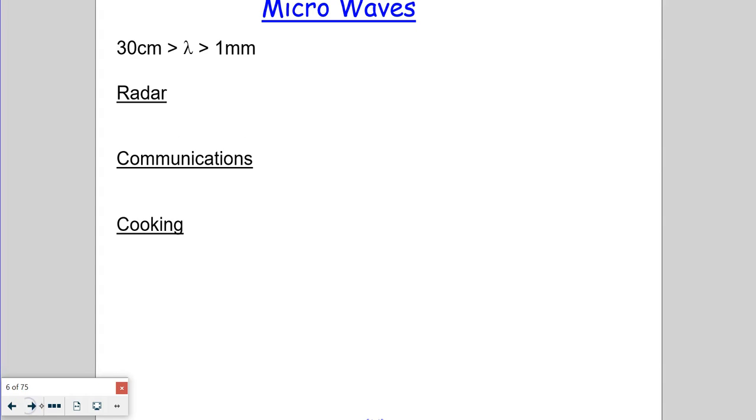Moving on to some smaller waves, we have microwaves, and they're from about 30 centimeters to about 1 millimeter. They're also used in communication for radar. But in your house, you have a microwave source, and that is for cooking. And why are microwaves used for cooking? Well, you have to think of molecules as little instruments that can vibrate, like little springs.